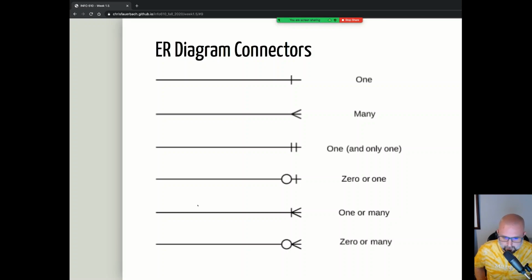So there's the... Oh. So wouldn't that be... Is that almost understood that that's a 0 or 1 also? That's a great question. I don't know. I'll look it up. 1 versus 1 and only 1. I didn't even notice that. I thought the one at the top is a mandatory one, no matter what.